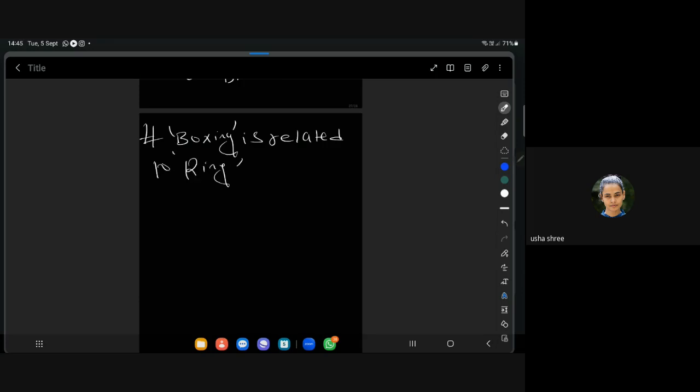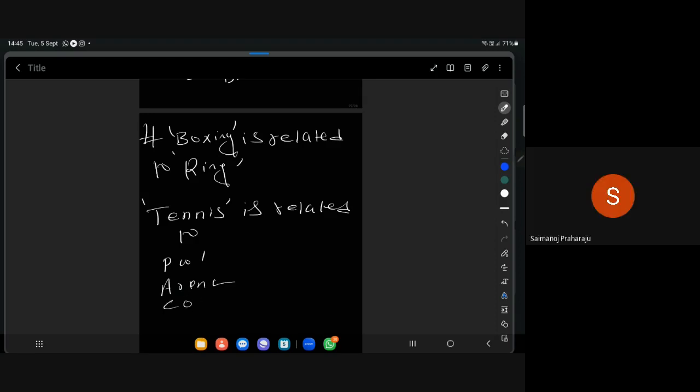The question is: tennis is related to what? Options are pool, arena, then court, then ground. So you have to use the hint they have given. Yes, court is the answer.